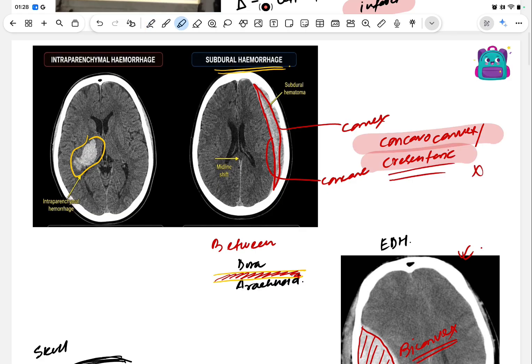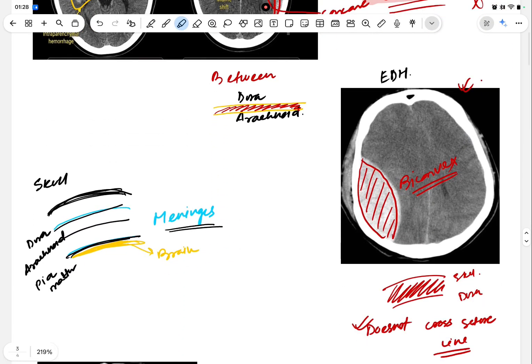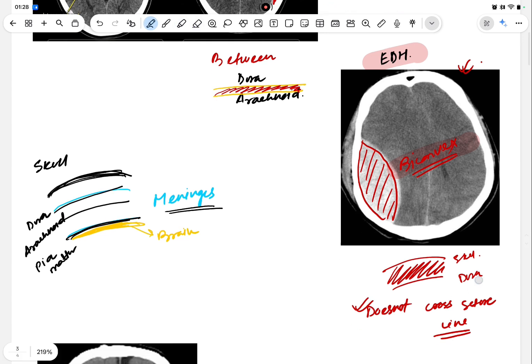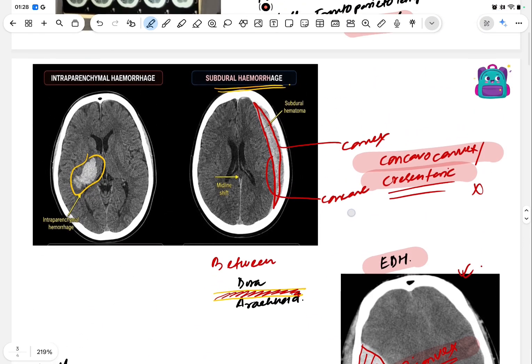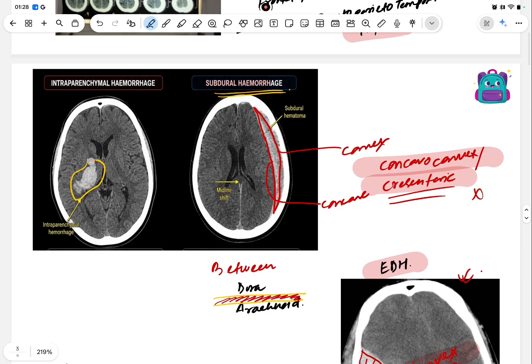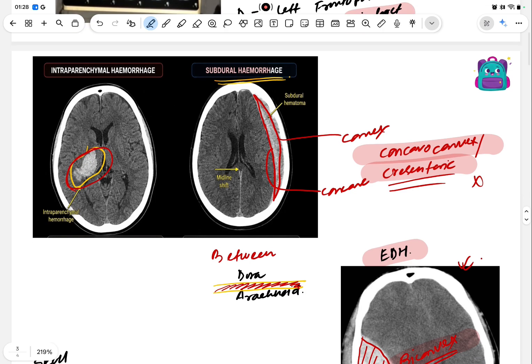Concavo-convex or crescenteric shape in case of subdural hemorrhage, and in extradural hemorrhage, EDH, it is biconvex. Biconvex. Okay, and intraparenchymal, it's clearly seen. And in case of subdural hemorrhage, a midline shift is also important.